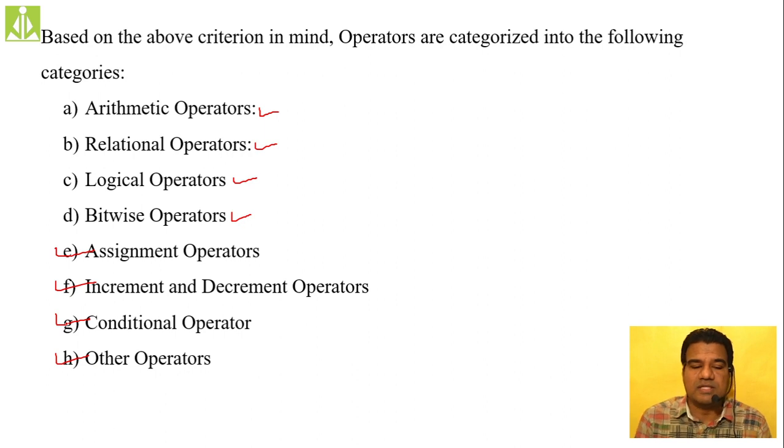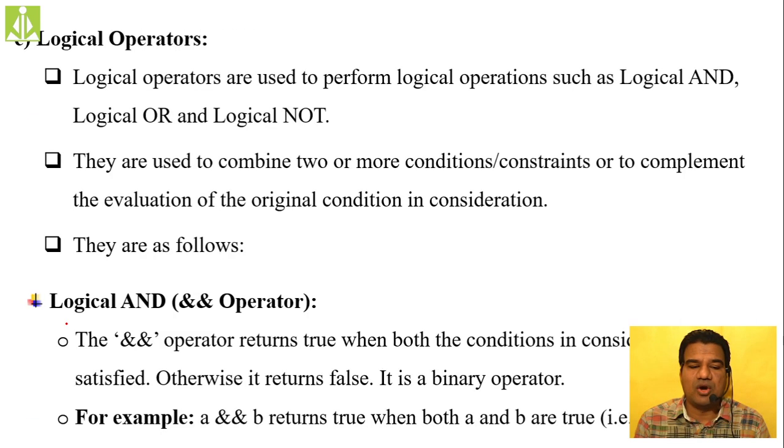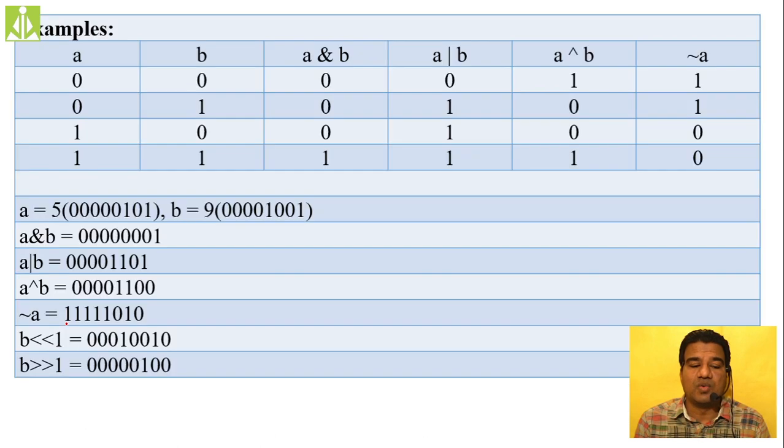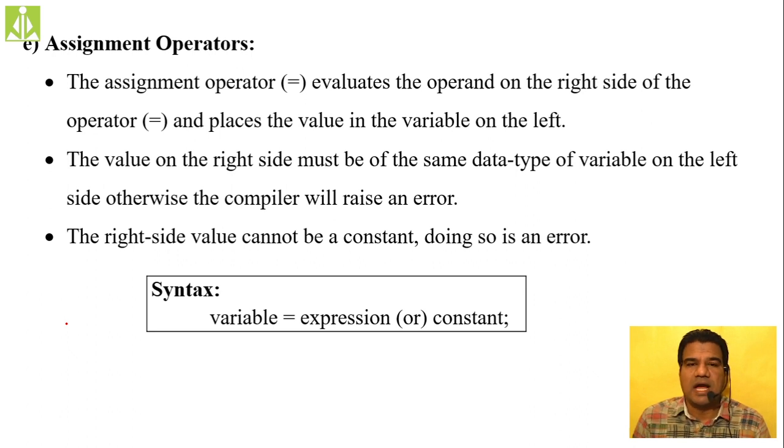We'll go and see what the assignment operator is. The assignment operator is used to assign values. You have constant literals, and to assign values to your variables, we use this assignment operator.